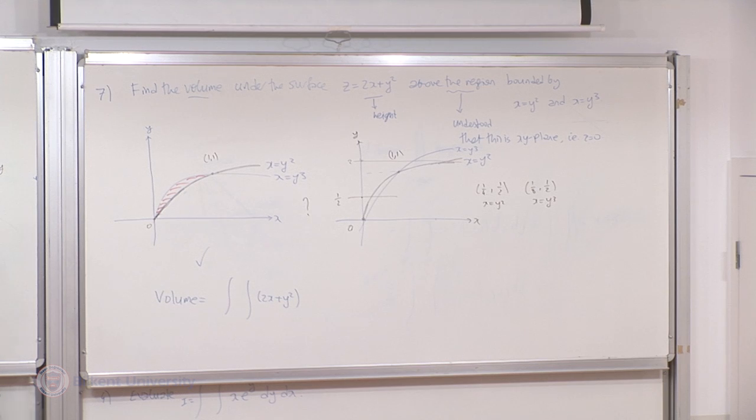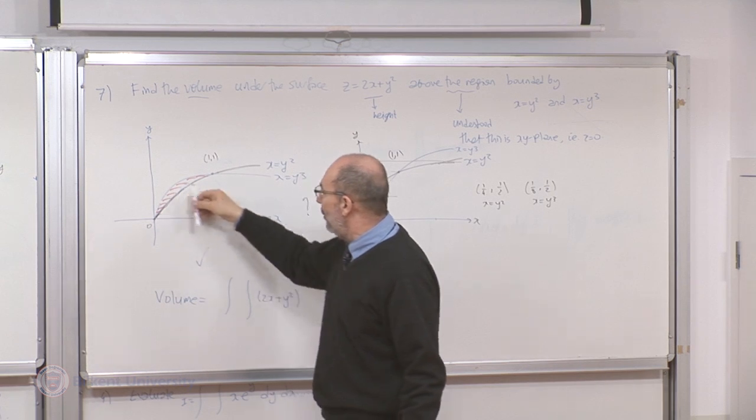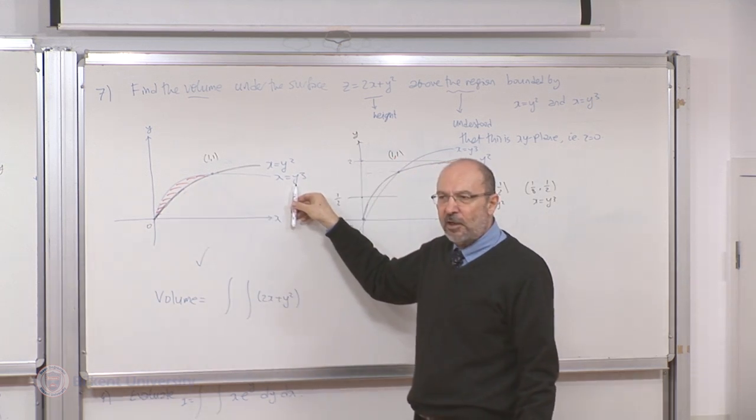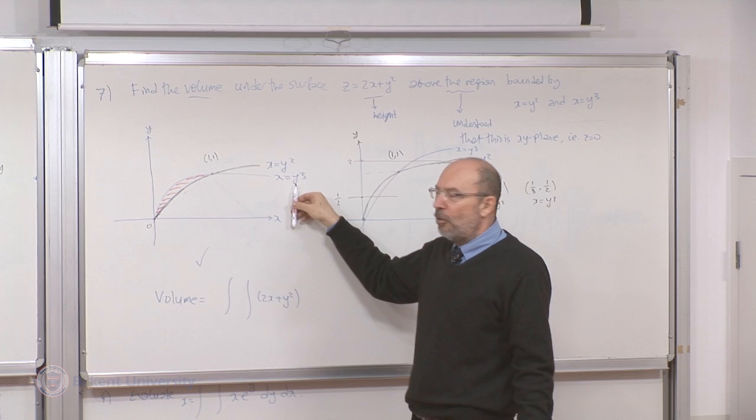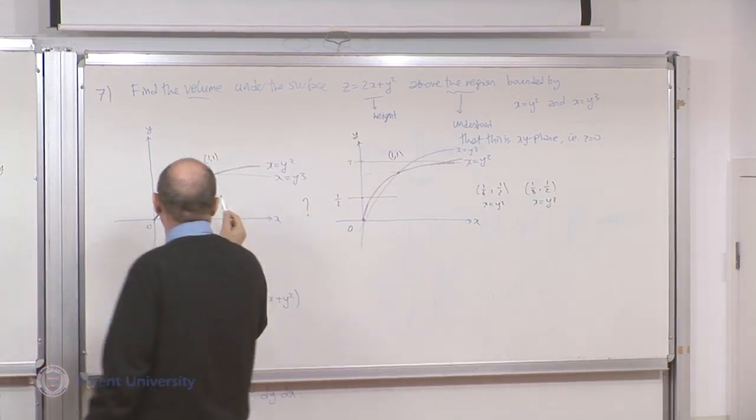If I want an easier integral, I look at the region to see which way is easier to write the boundaries. If I integrate with respect to y first, I have to solve these equations in terms of y. But they are already solved in terms of x.